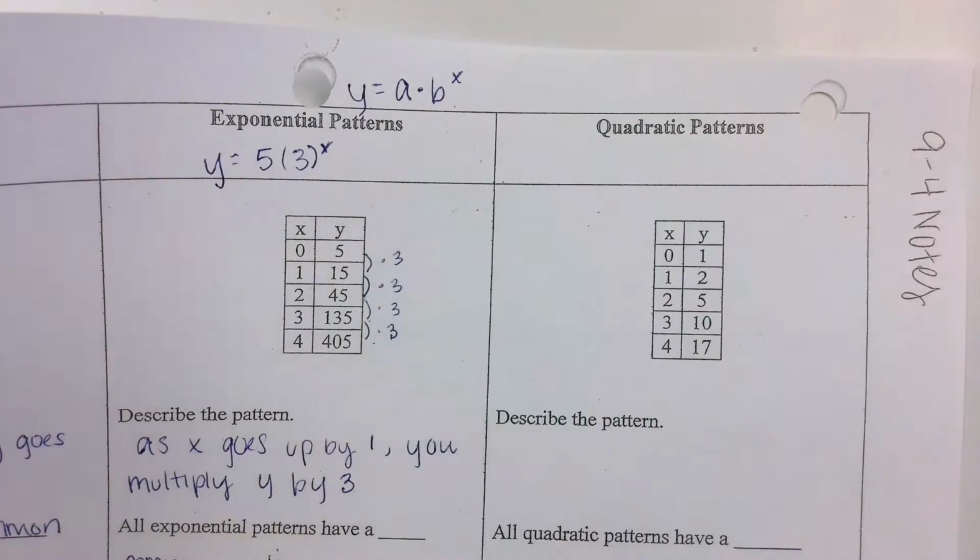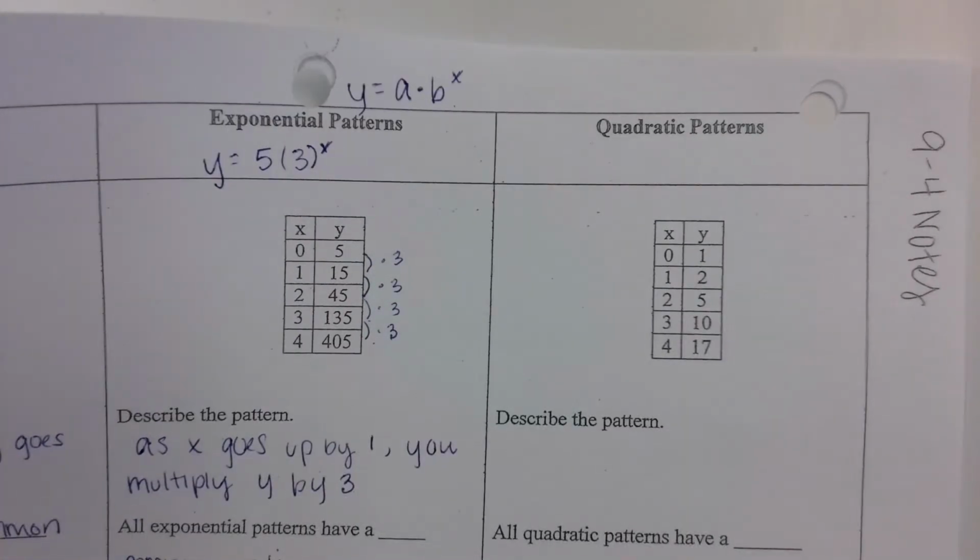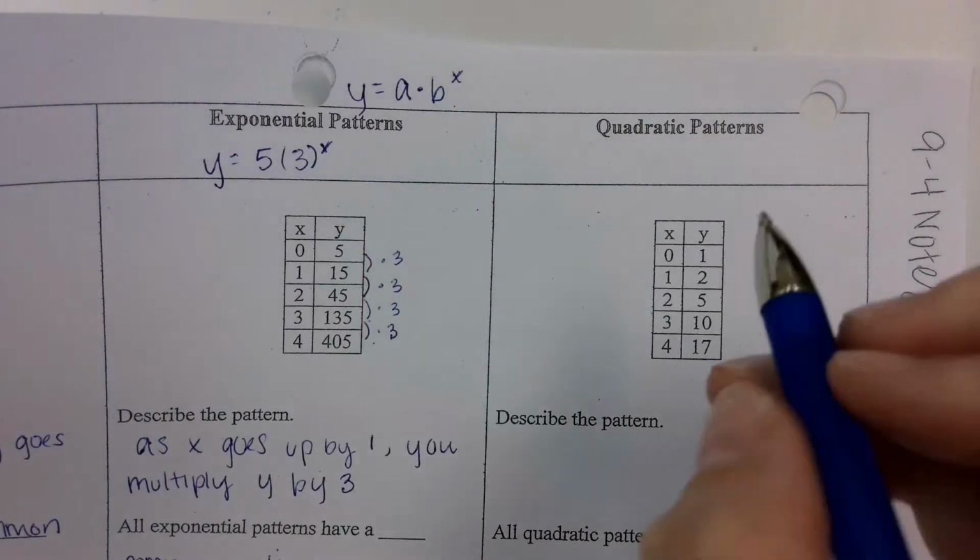Okay. So the last type of function that we're going to talk about is a quadratic function. So we need to try to find a pattern here. So look at your Y values. What's going on there? From 1 to 2, what'd they do?